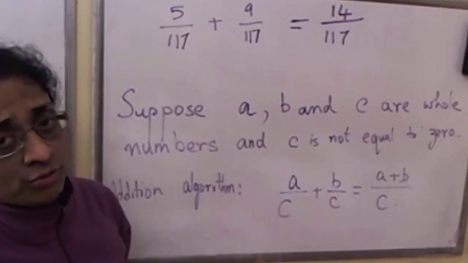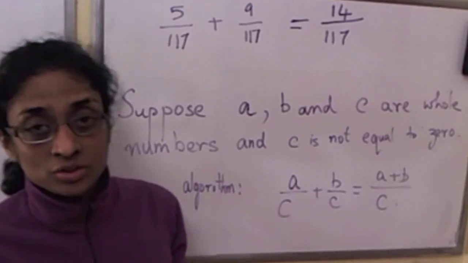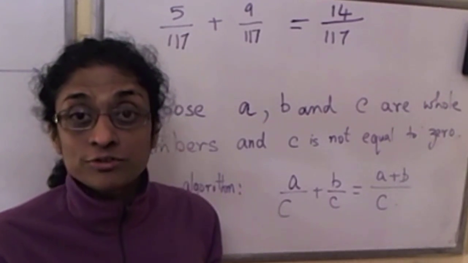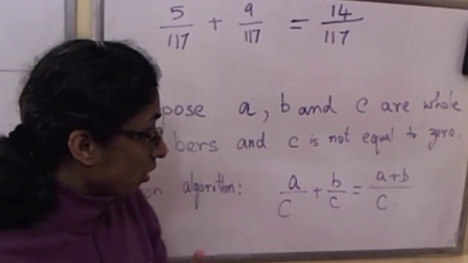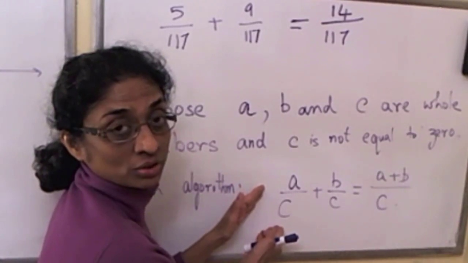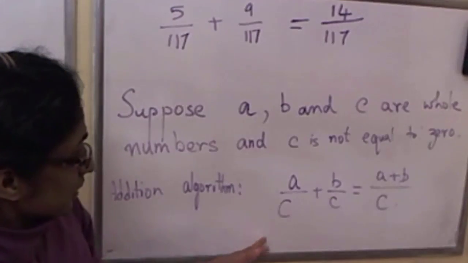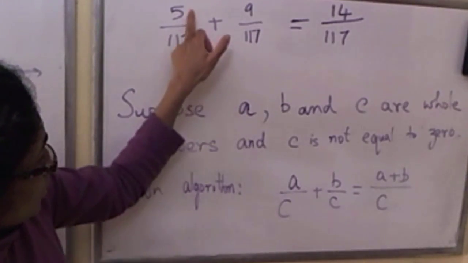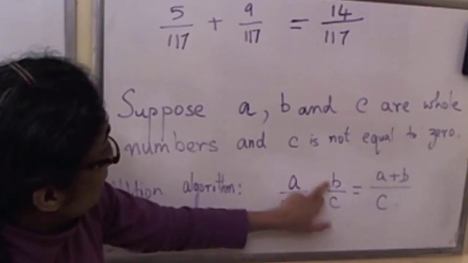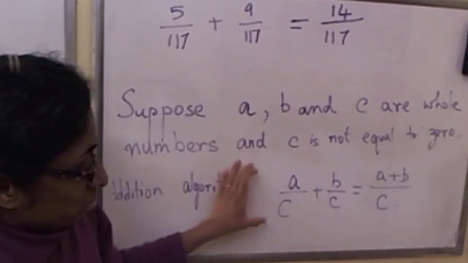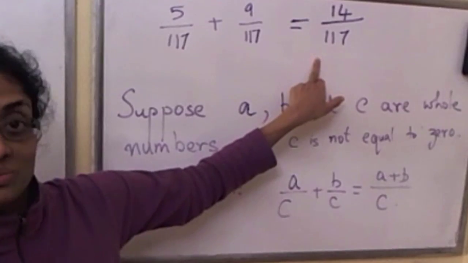Well, all addition of fraction problems you can think of, where the denominator is the same, all of those are packed into this equation. Why is that? Look at this. If I choose A as 5, C as 170, B as 9, this is exactly this math problem.